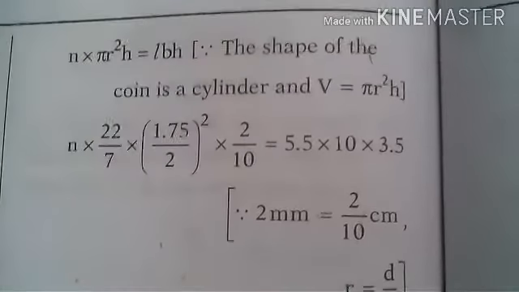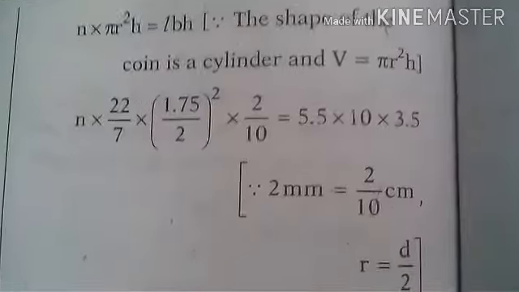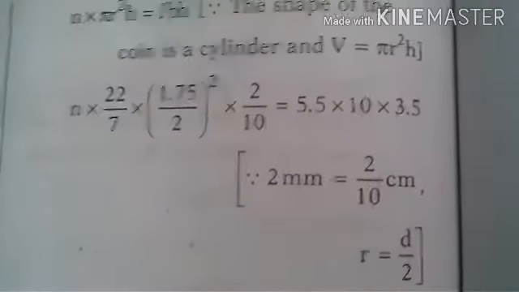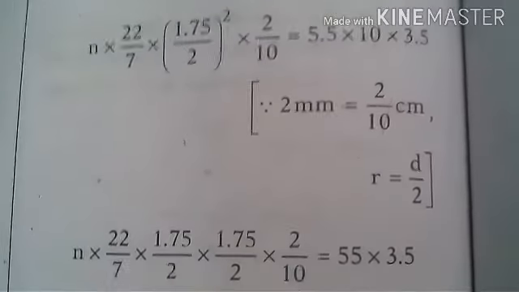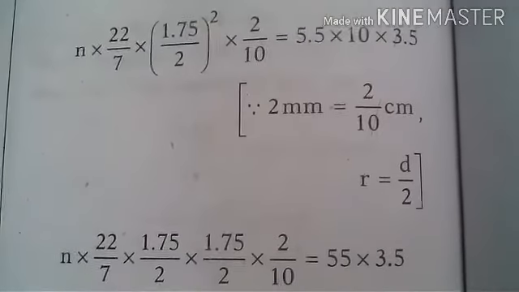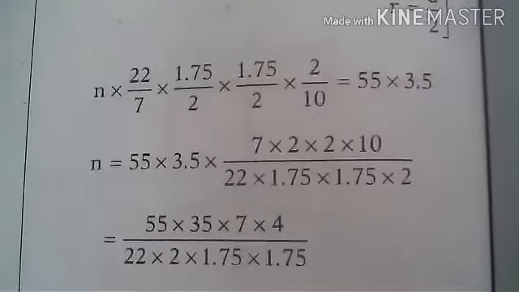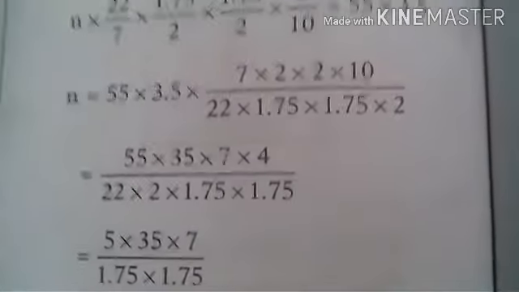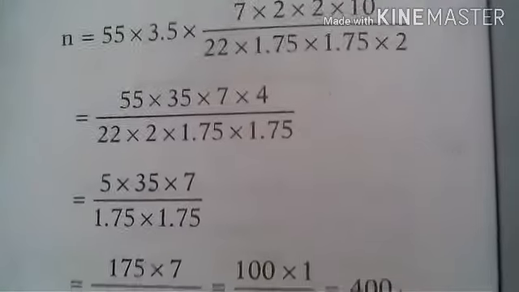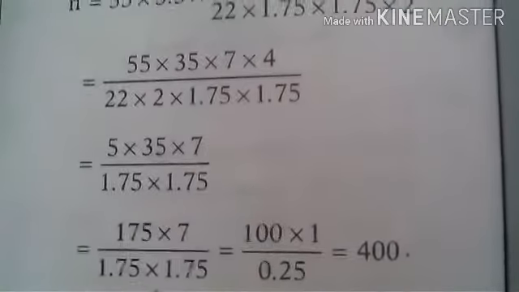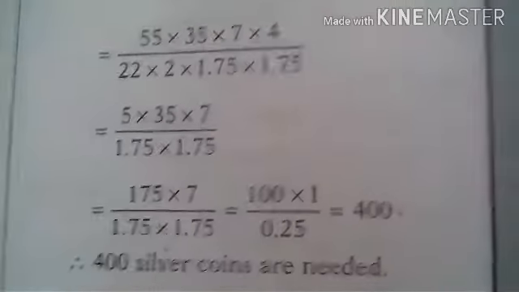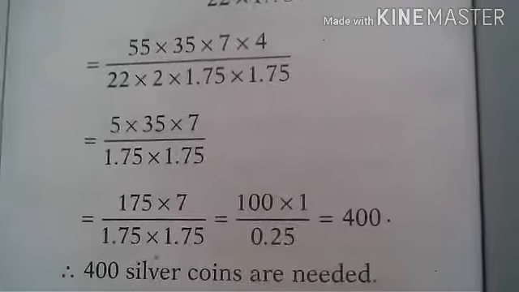So n into pi r square h is equal to lbh. So now substituting the values. So 2 millimeters can be changed into 2 by 10 centimeters. So we'll get 400 silver coins are needed.